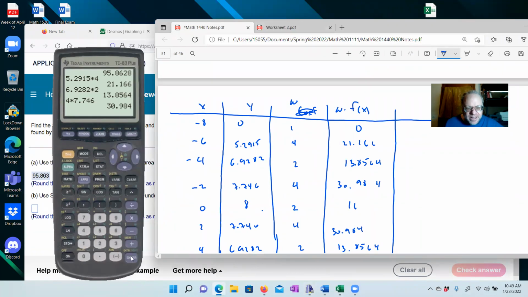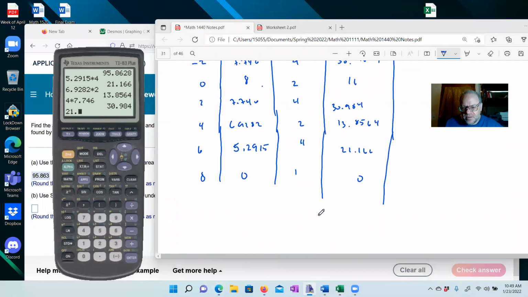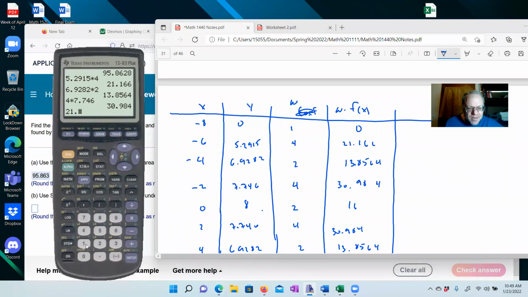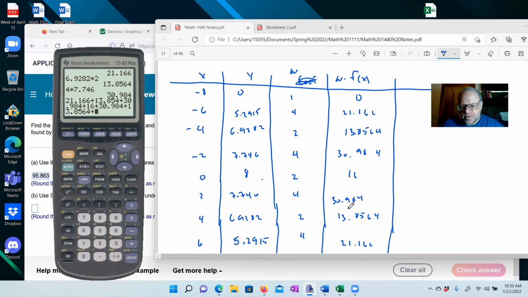All right, so this is going to be 21 point, what was that? 21.166 plus, let's see, 13.854 plus 30.984, okay, plus 16 plus 30.984 plus 13.8564 plus, okay, what was this?